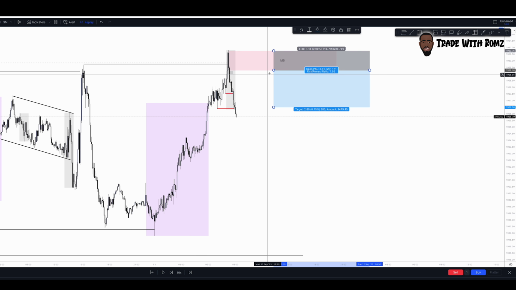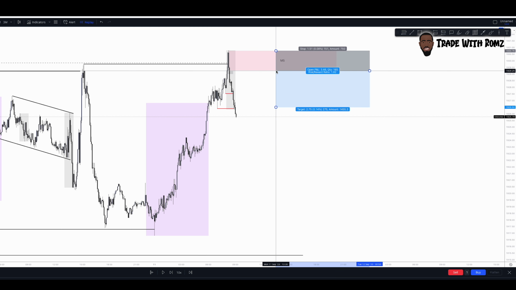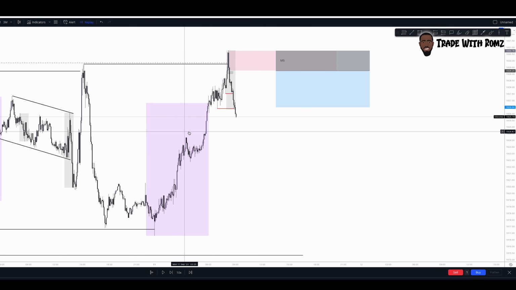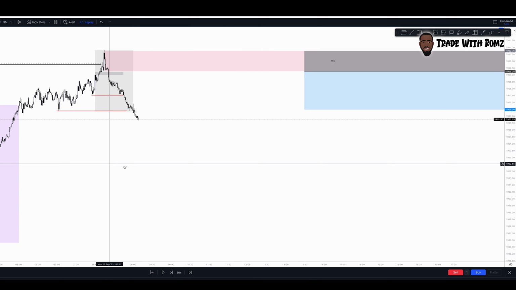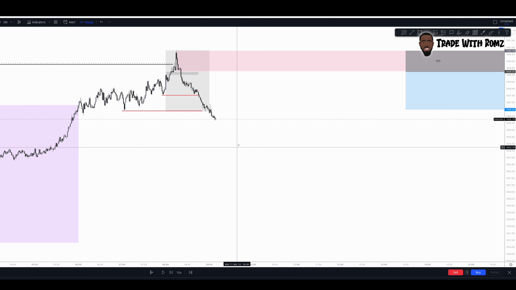However, I was looking at this on the M1 as well, because if I can get a better risk to reward, then why not? So if you look at this now, right? One of the key things I like to do is to make sure that I get into the trade and a trade doesn't leave without me. I also like to just enter on the final push up, so the final, you know, aggressive move up before the reversal.